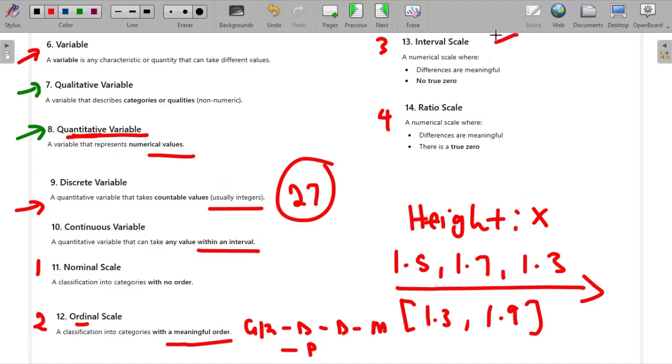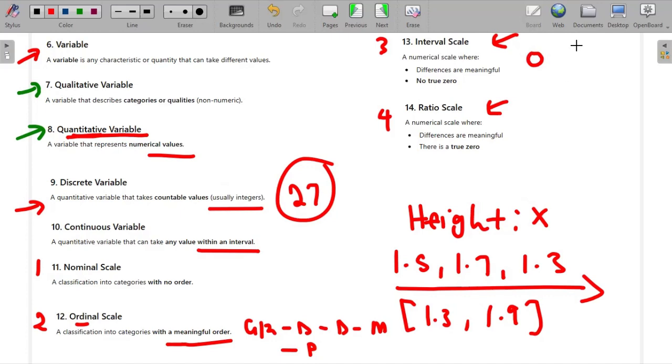And when you talk about the interval scale and the ratio scale, the important characteristic is the zero. The interval scale has no true zero, while the ratio scale has a true zero. So what do we mean by no true zero and true zero? Under the interval scale, when we say zero, we do not necessarily mean that the quantity is not present.